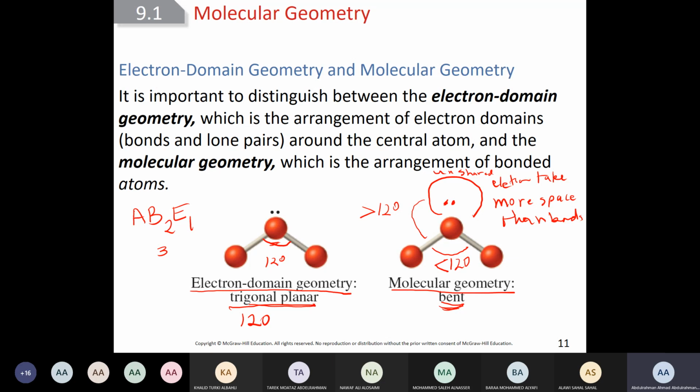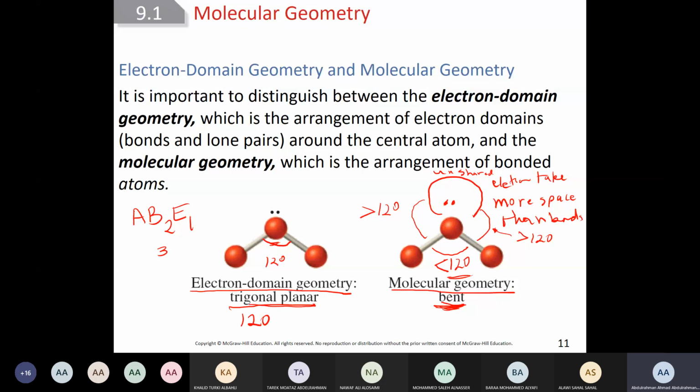But for molecular geometry, we cannot see the electrons, and the electrons take more space than the bond, so this angle will be more than 120, this one also more than 120, and this one will be less than 120. Is this clear? And the shape name now is called bent.